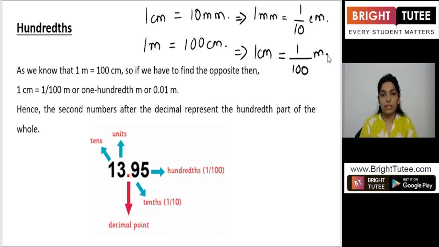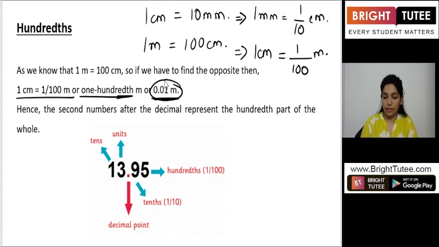I hope this is clear. This is what they are telling you, that 1 centimeter can be written down as 1 over 100 meters. And how do we read it? We read it as one hundredth. Okay, or we write it as 0.01 meter. We'll learn more about this 0.01 quickly.